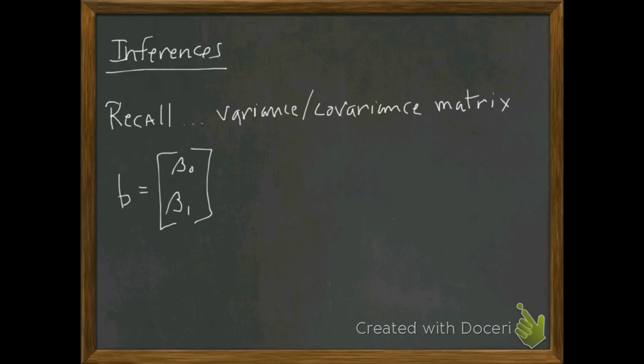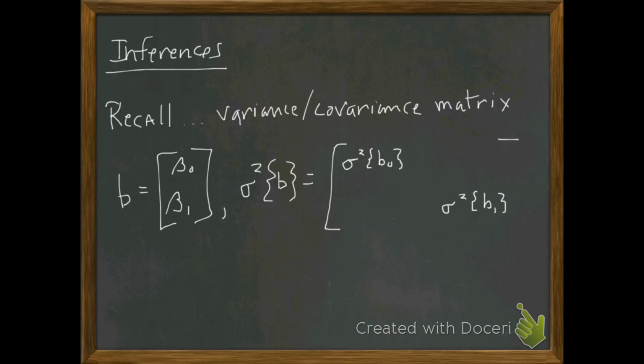And the variance of B is this. It's hard to write this small.